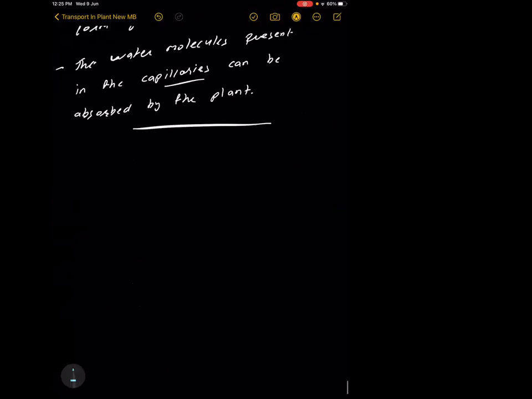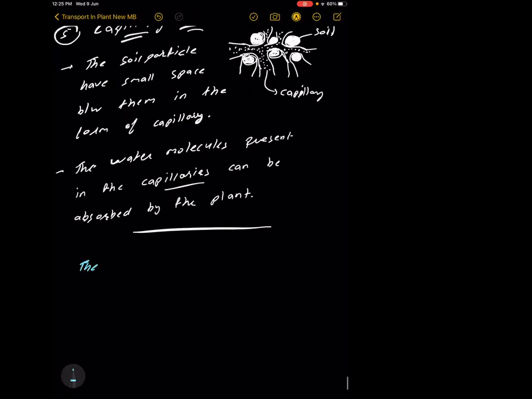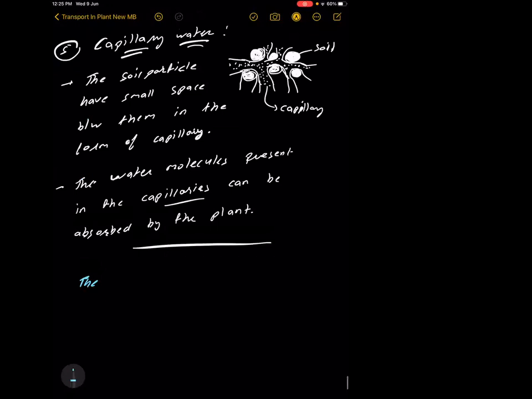Now, the root system for water absorption. This is capillary water. So the root system for water absorption.